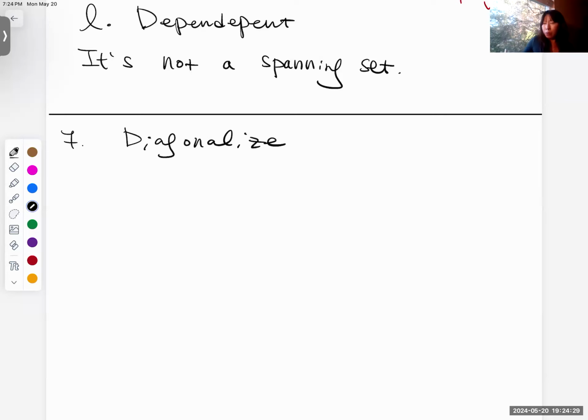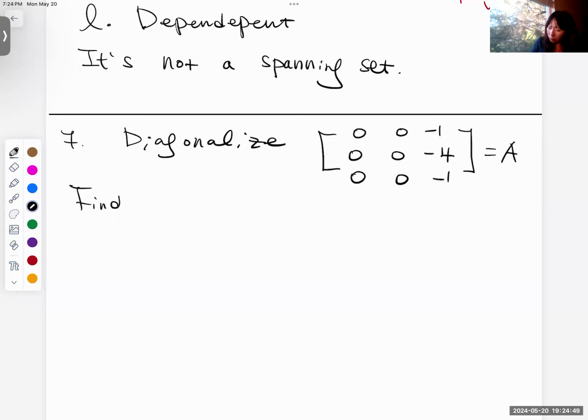So we have the matrix 0, 0, negative 1, 0, 0, negative 4, 0, 0, negative 1. Okay, so let's say that this is A. We want to find P, the inverse of P, all right?